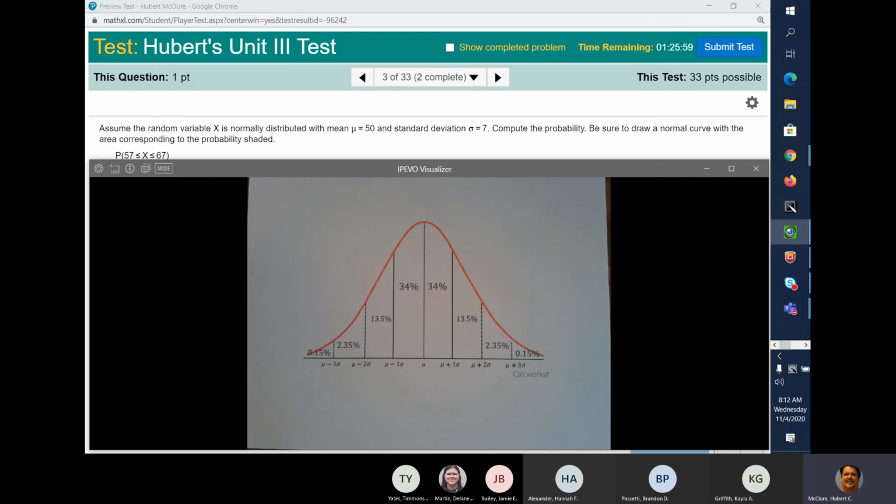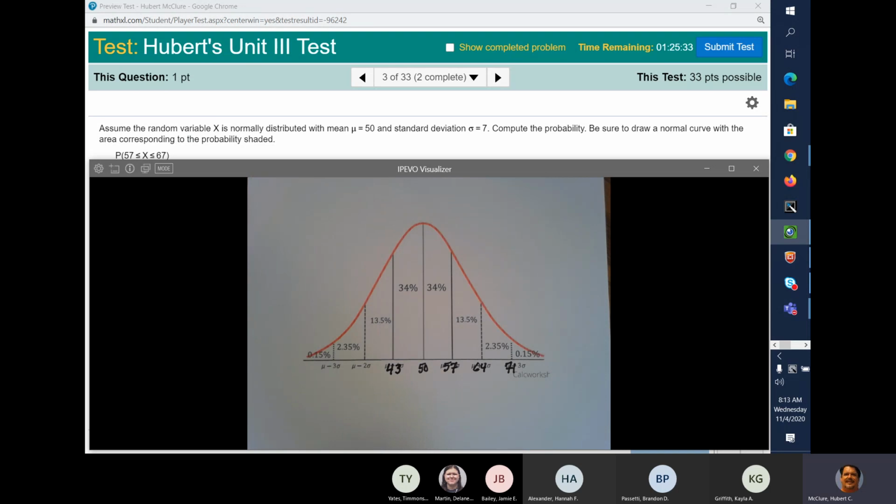So we know that the mean is 50 in the middle, and then 57, 64, and 71. If I do my math right, somebody check me, please. 50 minus 7 is 43.